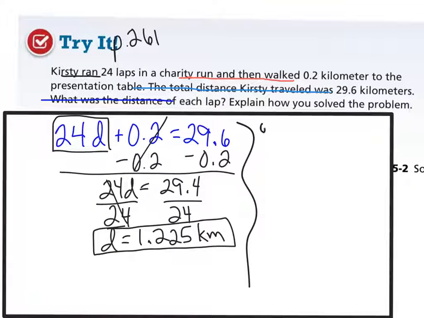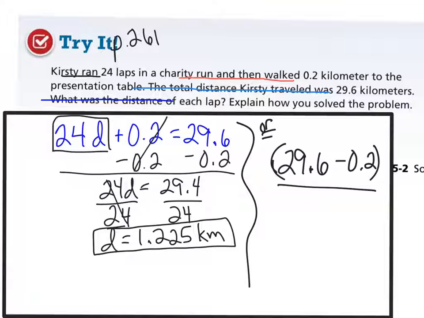Another option you have, and this might be, if you were going to work it out and didn't have to write an equation, this might be your thought process: I'm going to take the total distance minus how much she walked, and that would tell me how much she ran, and then I'm going to divide that by 24.